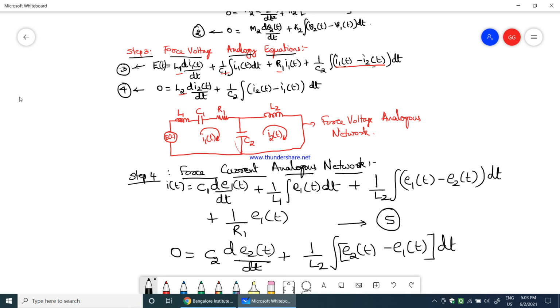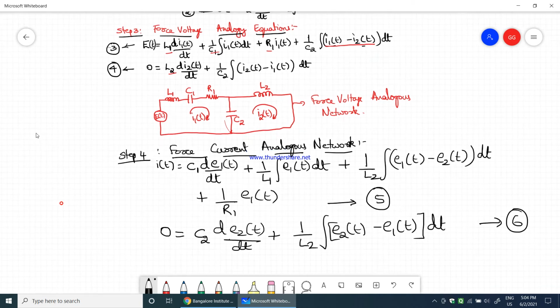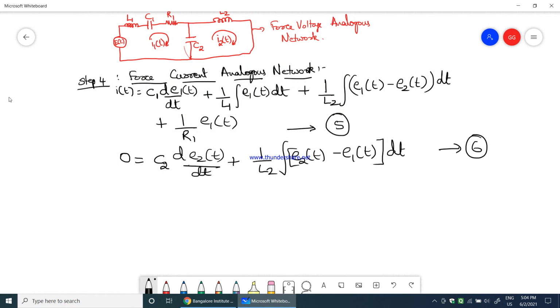Let me take this as the sixth equation. So you got two different equations, 5 and 6, now. My job is to write the force current analogous network diagram, the electrical circuit. By looking at equations 5 and 6, we should write the electrical circuit for this network. So how to do that? The number of voltages in the equation will behave as nodes here. Keep that in mind.